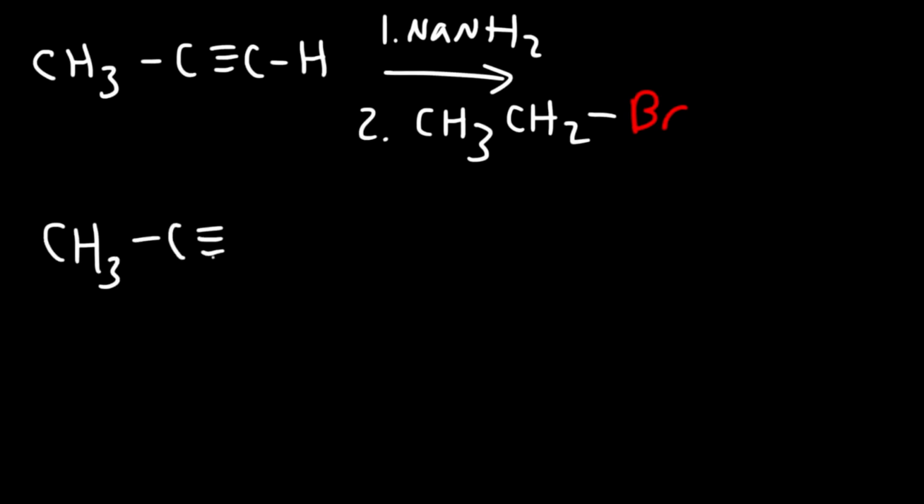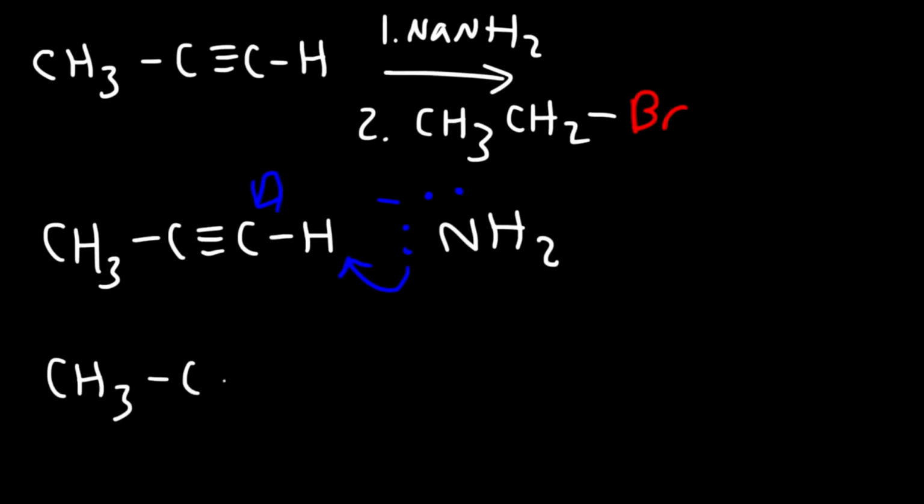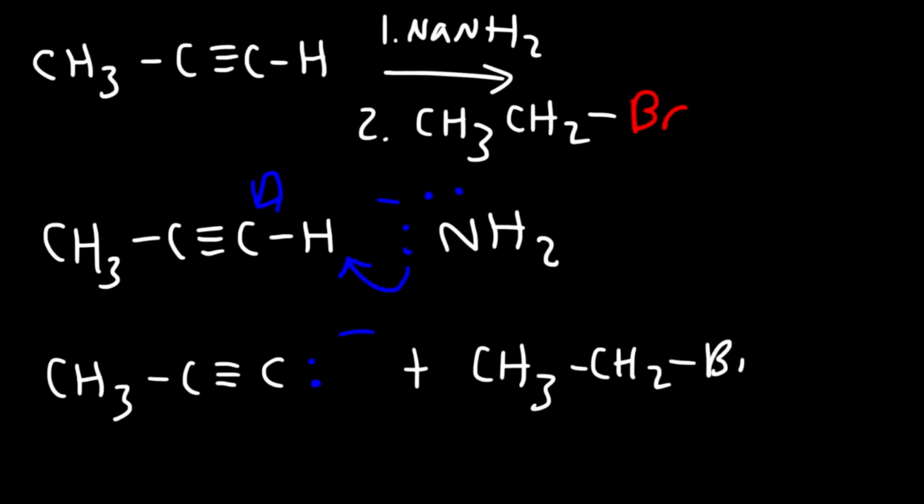So we know that the NH2 ion, it's a strong enough base to deprotonate the terminal alkyne, giving us an acetylide ion. So this ion is a very strong nucleophile, and it's going to react with alkyl halides. Now we know that bromine has a partial negative charge, and the carbon that bears the bromine is partially positive.